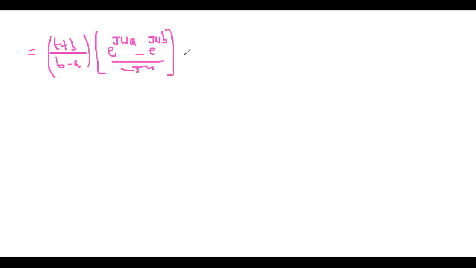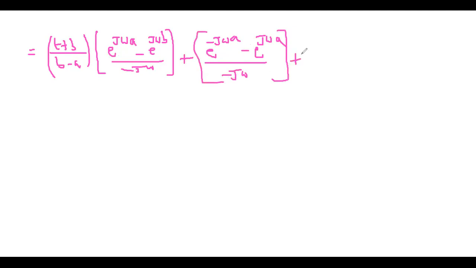For that we got t plus b by b minus a multiplied with, both are positive, (e^(jωa) − e^(jωb)) by −jω, and plus (e^(−jωa) − e^(jωa)), whole divided by −jω.